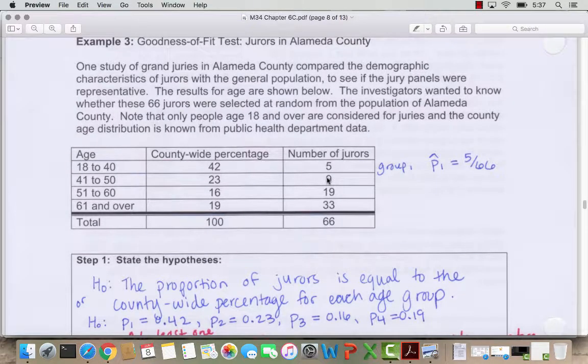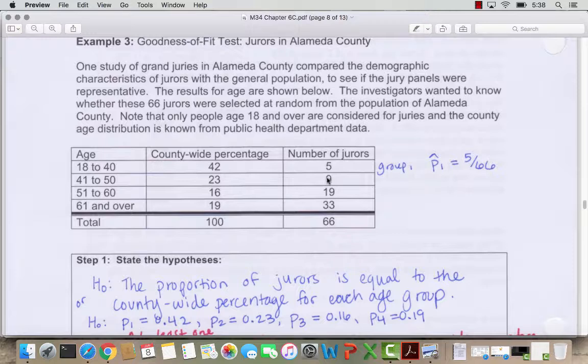So now let's look at example 3, jurors in Alameda County. So this came from a study of grand juries in Alameda County in the 1970s, I think. They found that jurors did not seem representative of the population, so they did some studies.